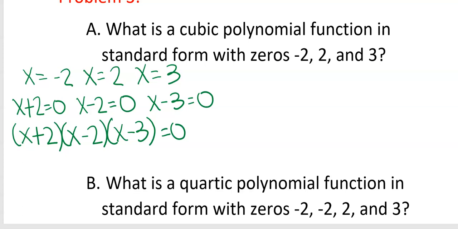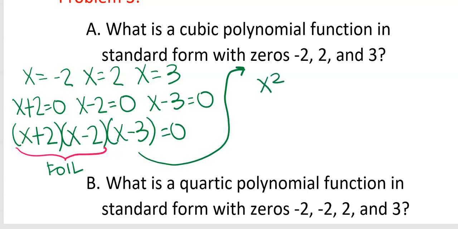What we're going to do is just multiply 2 of these at a time, and then we'll take that answer times x minus 3. So x plus 2, x minus 2, if you use FOIL, looks like this.